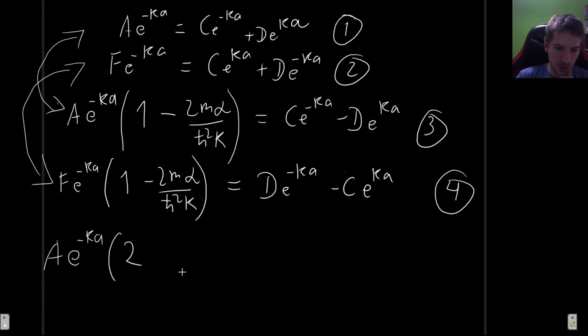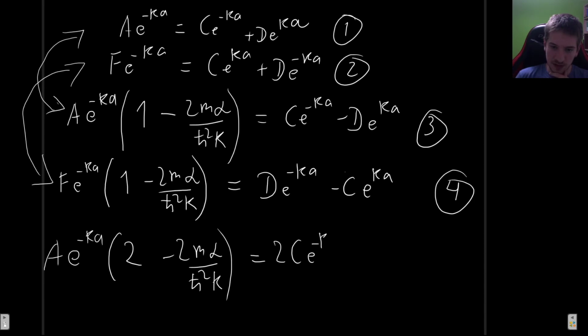One from here, minus 2m alpha over h bar squared k, equal, now we have 2 times c e to the minus ka, and this d cancels out. Now we can just divide by 2 because there's a 2 everywhere, so that way this looks a little bit better.